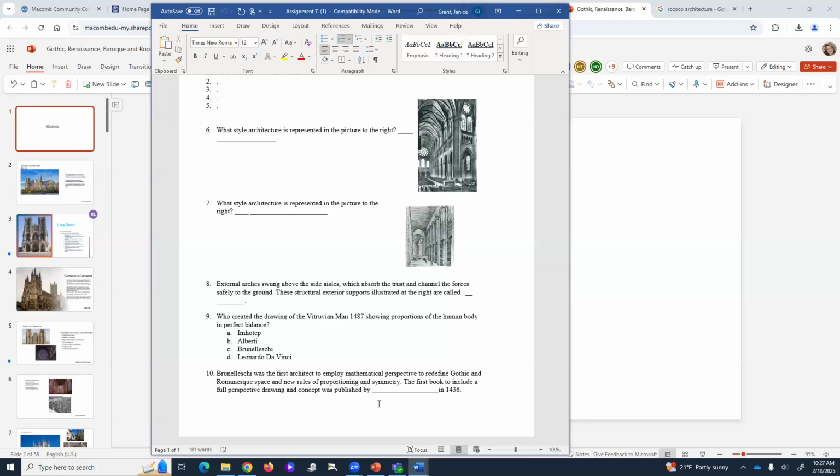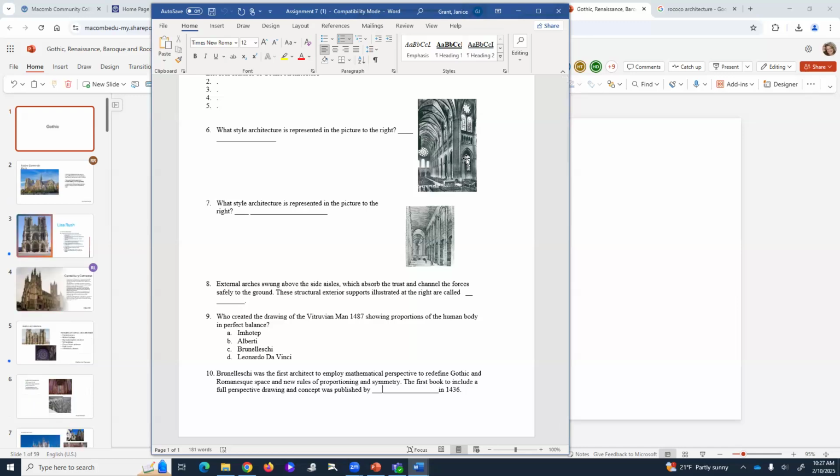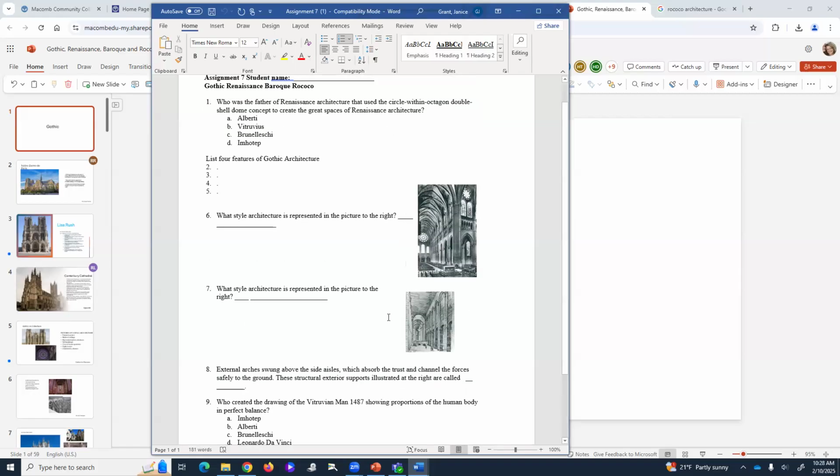But the first book to have this perspective drawing concept was published by who? Alberti, yes, Alberti. He definitely brought to us this documentation of what was going on at that time. And we see that a lot even now, architects and other people, critics and also publishers writing about it.